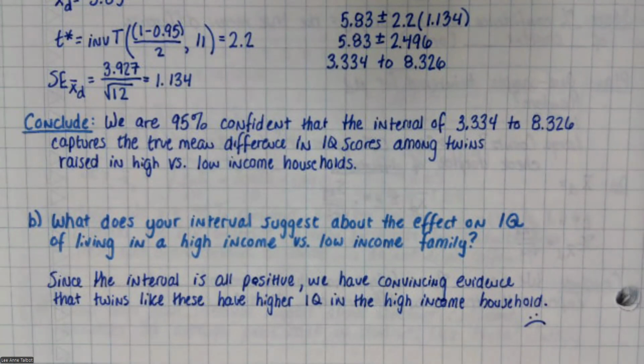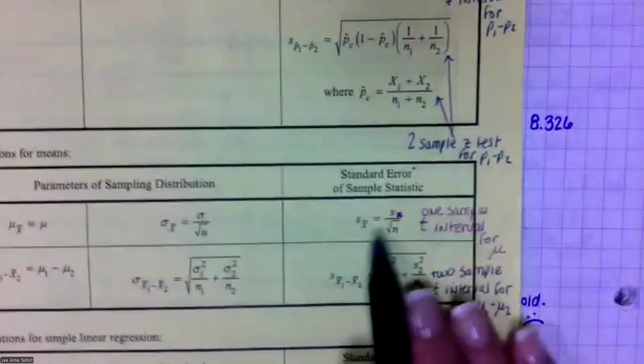Okay. There's my conclusion. That's the end of chapter 10. I need you to get your yellow sheet out, please. So we still use this.